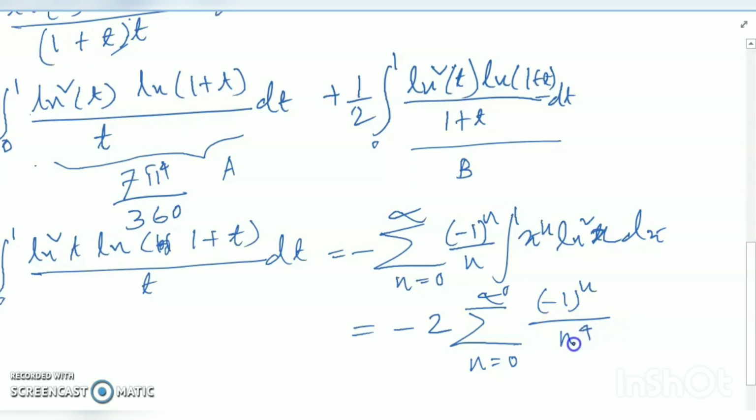How is it, friends? Because x to the power n in the integration gives the double derivative of x to the power n. So this value is equal to, okay, n plus 1. Obviously this is n plus 1. So n equals 1 to infinity, ln square ln(1 plus t).